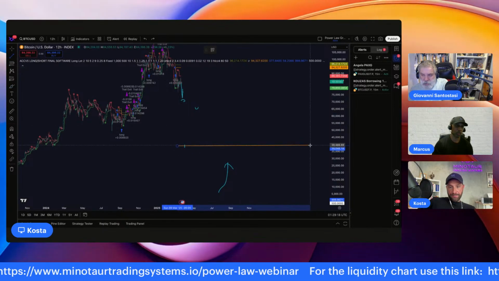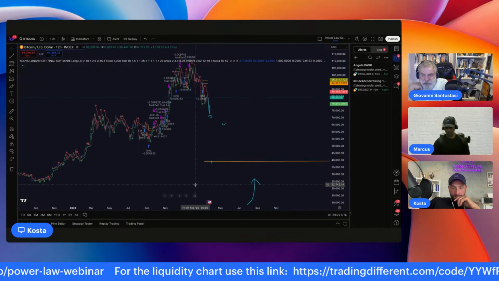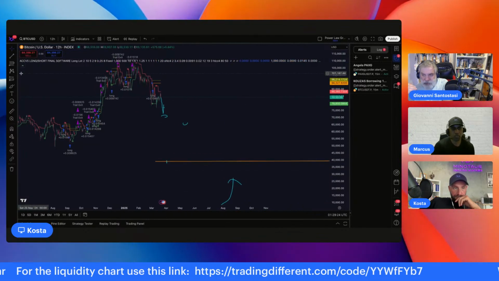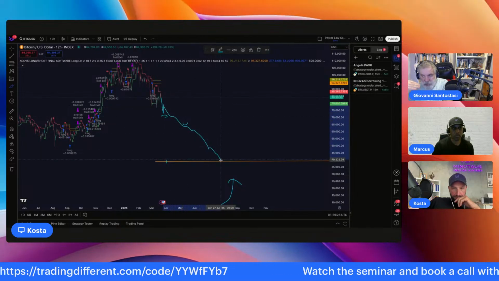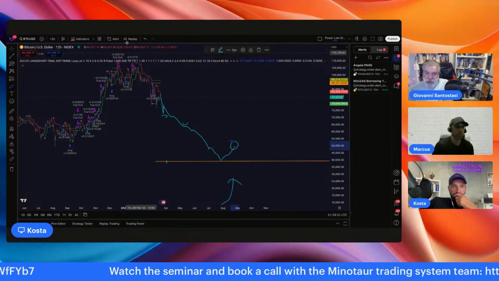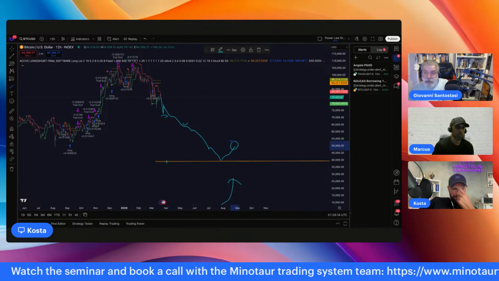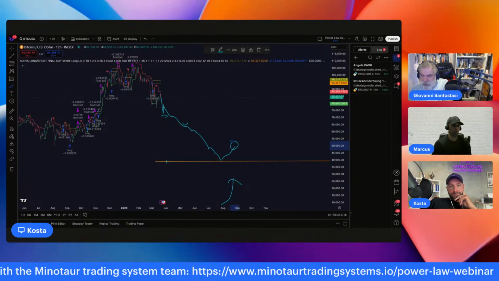One of the ways that we integrate the power law is that we are looking at that very hard support level that we always discuss, right? You take basically 60% from the general trend, and historically we never went below that. Never. Even during COVID, we barely wicked down.